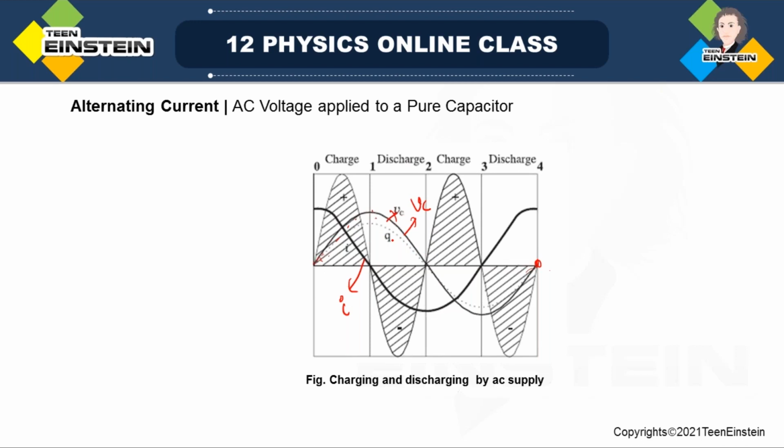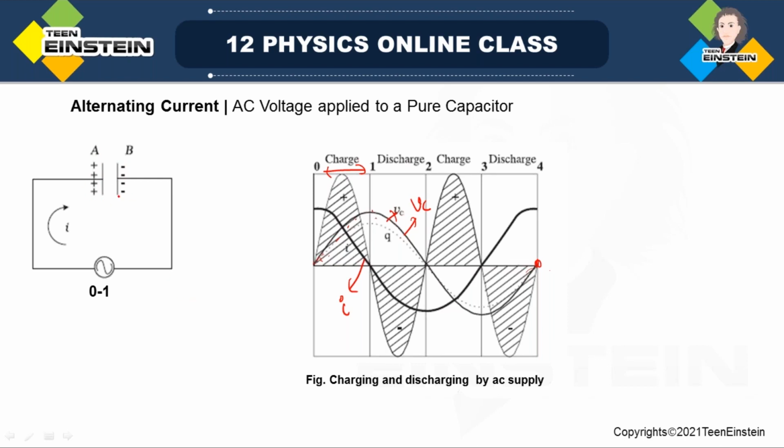Now we can take up the first quarter of the cycle, 0 to 1. When current is flowing in the circuit because of the positive half cycle, there will be current flowing in this direction. And look, these plates A and B will be charged with certain charges. Suppose the positive half cycle charges plate A with positive charges and plate B with negative charges.